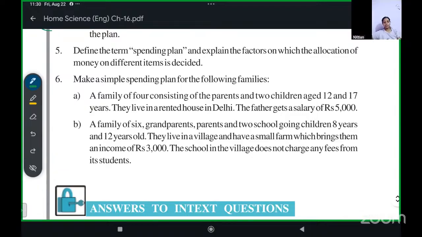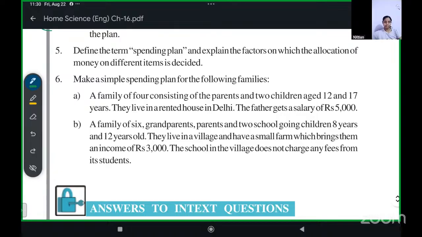Can you tell me some of the factors on which the allocation of money on different items is decided? The factors that influence how much you should allocate in your budget.